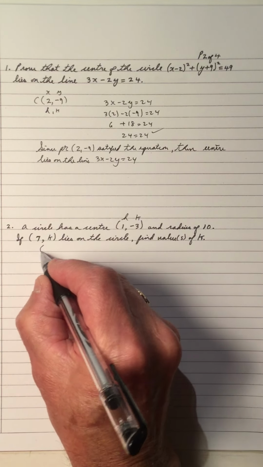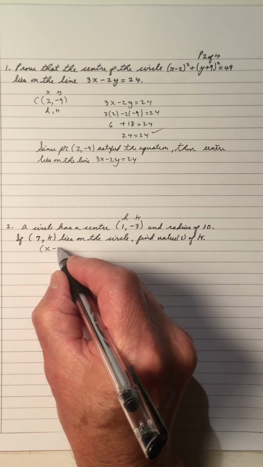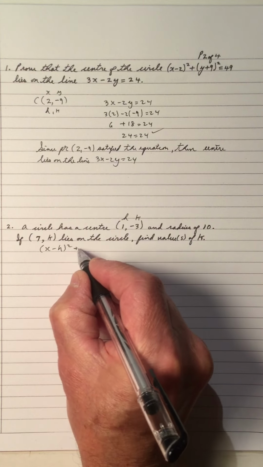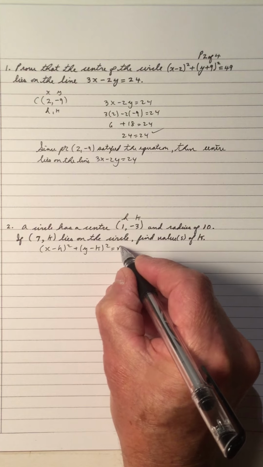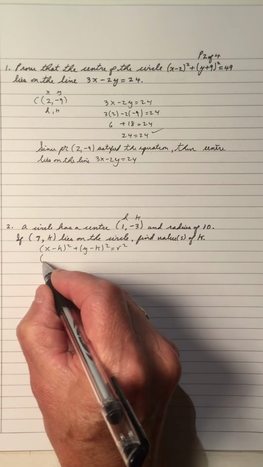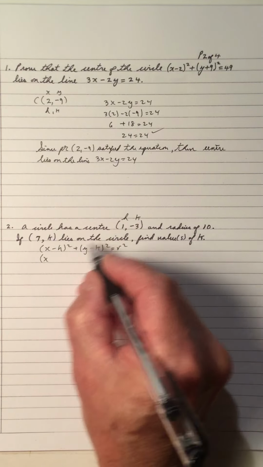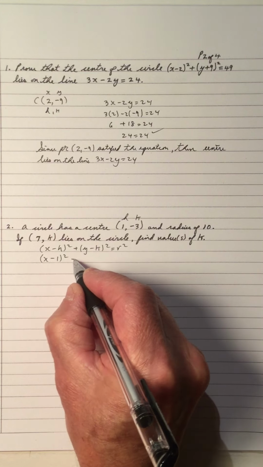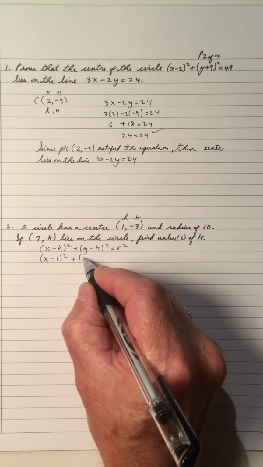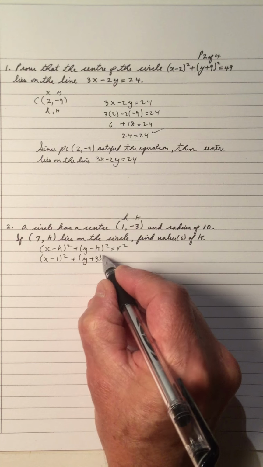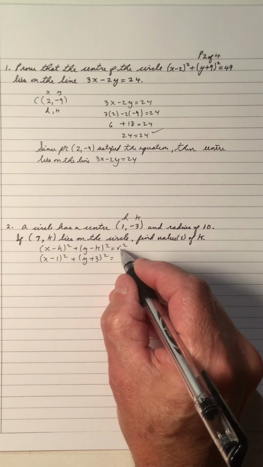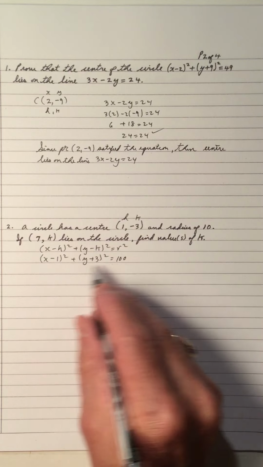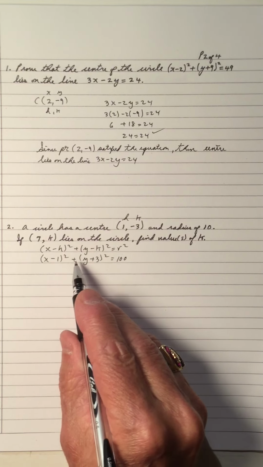So the equation is (x − h)² + (y − k)² = r². So it's an x, and that's a 1, so that's a minus 1 squared. That's −3, so it's a y plus 3 squared equals, the radius is 10, so 10 squared is 100. So that's the equation that represents this circle.